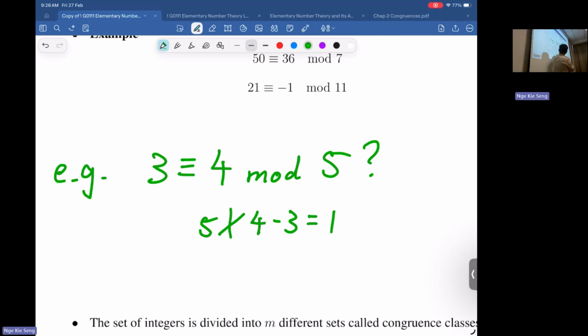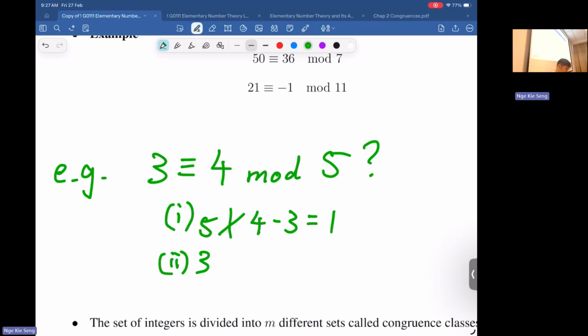Another way to see it is, everything divided by 5, what kind of remainder do you get? 0, 1, 2, 3, 4. So 3 and 4 belong to different remainder classes, or sometimes the same class. Either you check this, or you check what their remainders are.